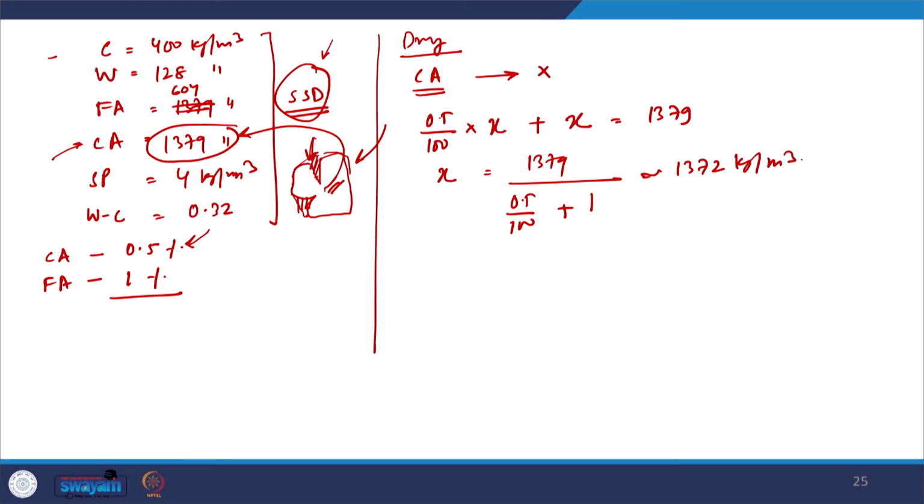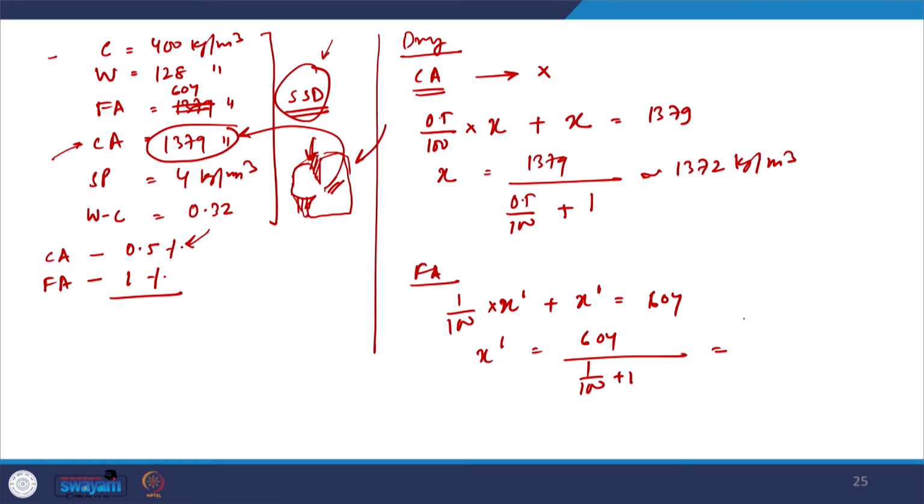Similarly, if I want to find out for the fine aggregate, 1 by 100 into the weight of fine aggregate x dash, plus x dash, should be equal to 604. So, x dash becomes equal to 604 divided by (1 by 100 plus 1), and this becomes equal to 598 kgs per meter cube.